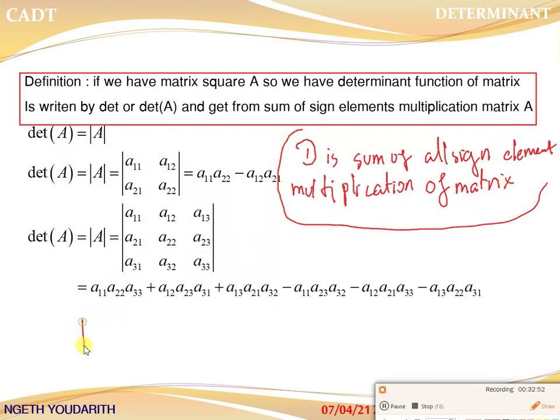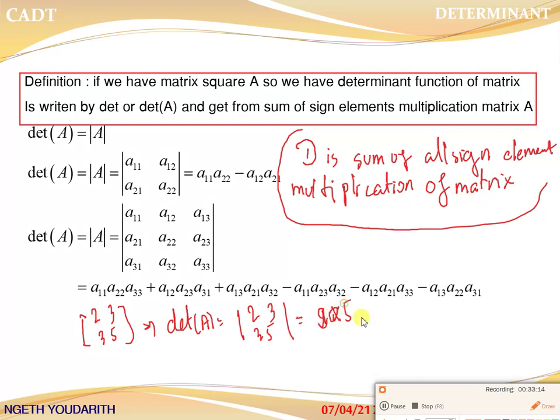Example, we have this matrix 2, 3, 3 and 5. So we get the determinant of A equal to 2, 3, 3, 5. And we get 10, or we write 2 multiplied by 5 minus 3 multiplied by 3. This one is the element of multiplication.